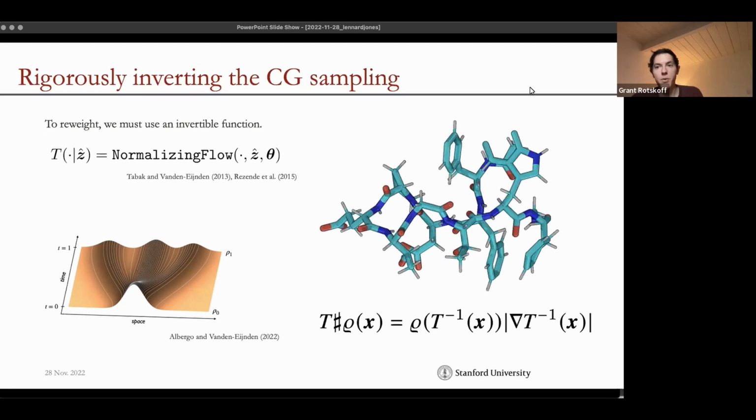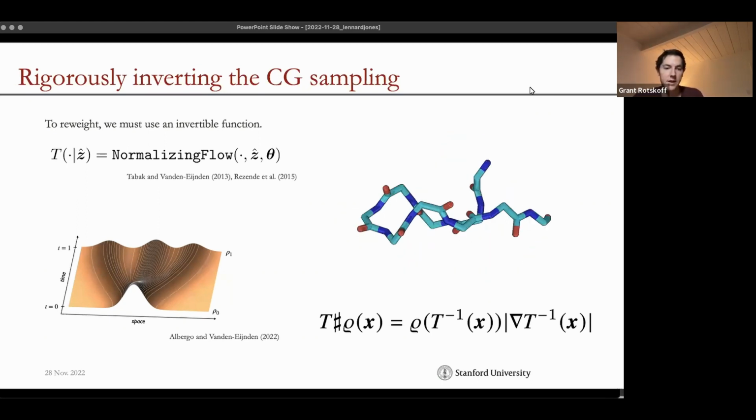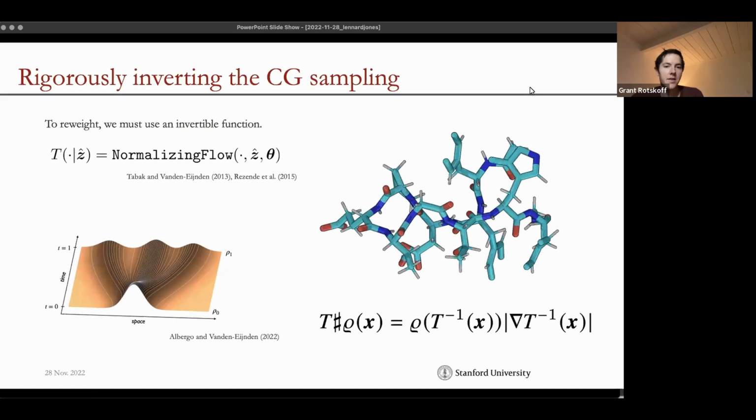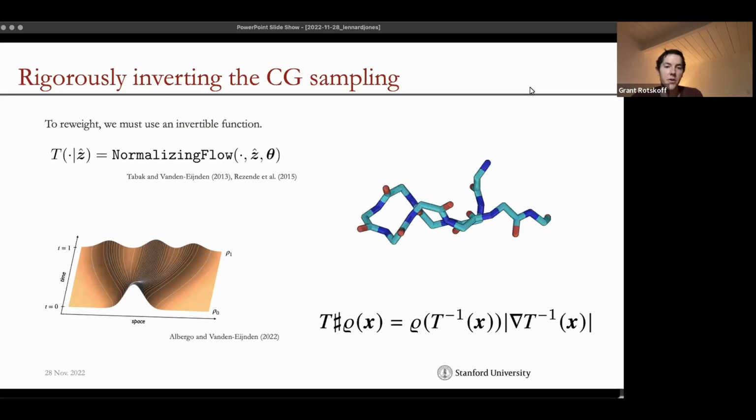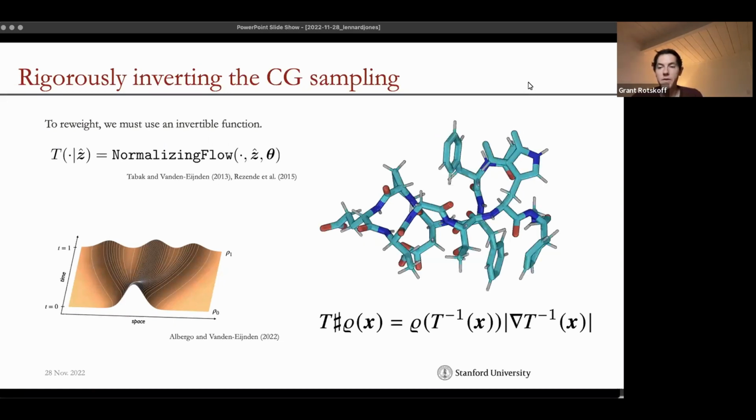So we can resample this distribution many times conditioned on one coarse-grained representation and build an ensemble of configurations that correspond to that conditioned point. Normalizing flows are really flows, right? There's a very tight constraint on the representation here, so they're much less flexible than a generic neural network.